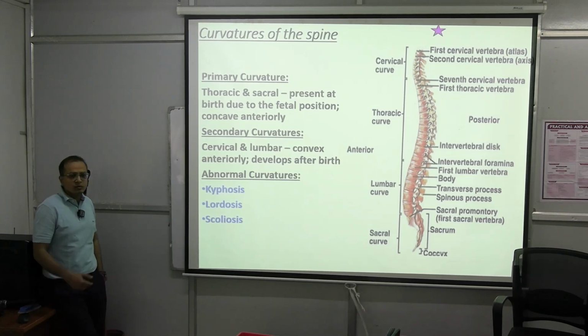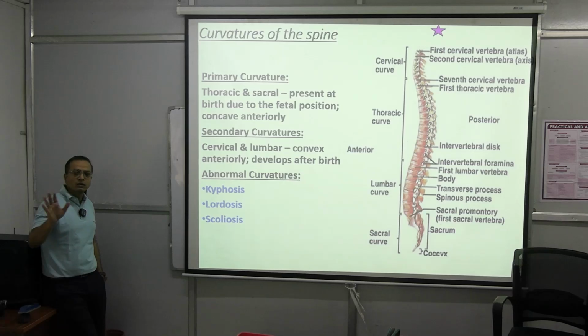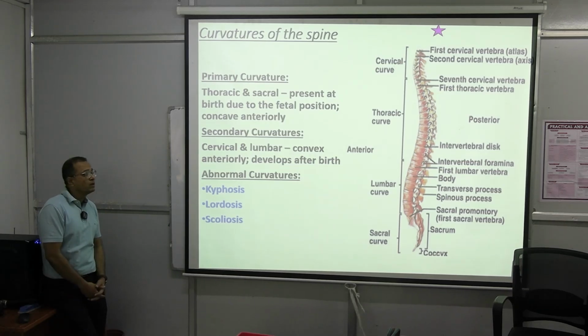Later in life, we develop some more bends, which we call secondary curvatures. Both primary and secondary curvatures are normal.